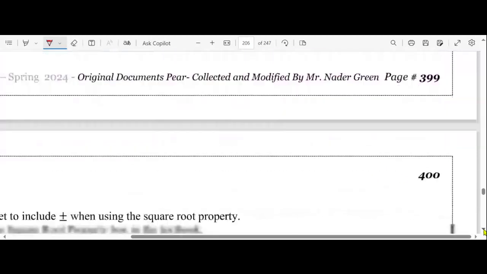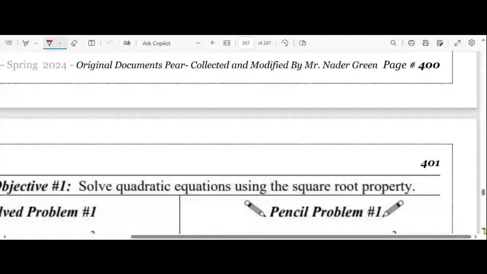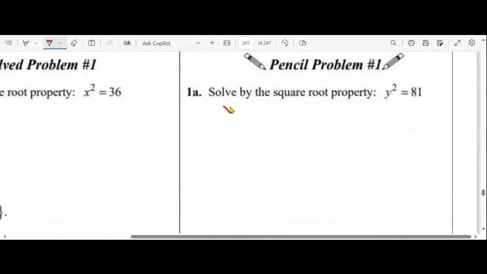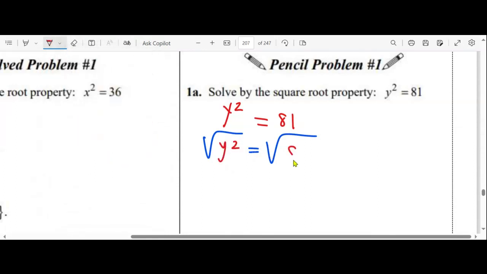Let's take examples from the exercises here. I have here y squared equal 81. What should I do? Take the square root for both sides.